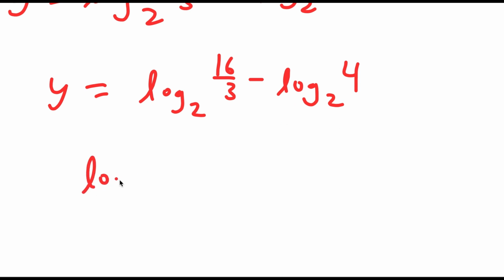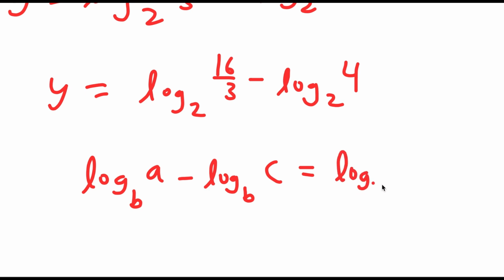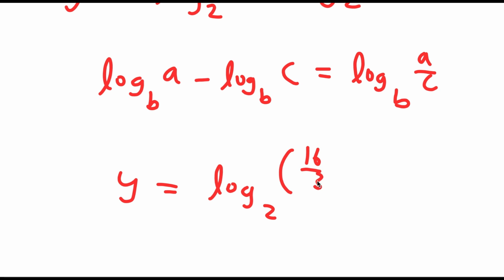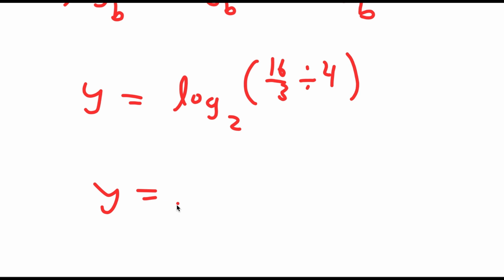And now, if I have something in the form log base b of a minus log base b of c, which is what we have here, this is equal to log base b of a over c. So y is equal to log base 2 of 16 over 3 divided by 4, which is equal to 16 over 3 times 1 over 4, which is 16 over 12, which is equal to 4 over 3.